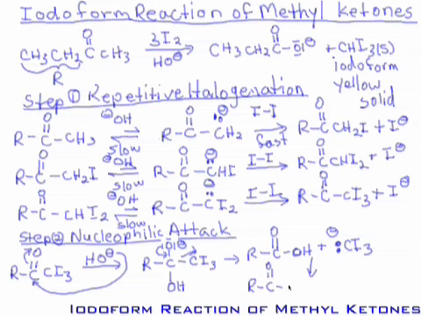Okay. So there's why we get the carboxylate. Also, even though we're in hydroxide base, CI3 minus is a powerful enough base that there's enough water around that it's going to grab the proton and become HCI3, which is my iodoform. And that's my yellow solid.